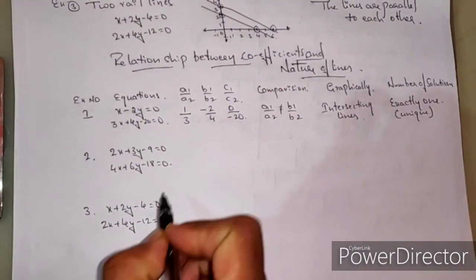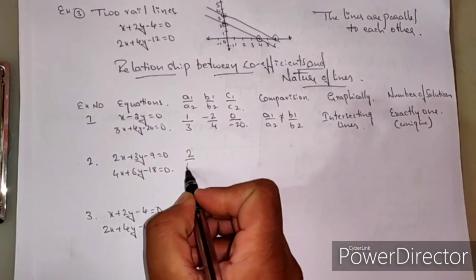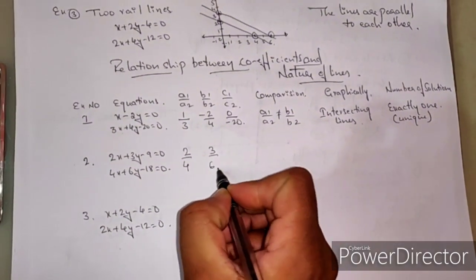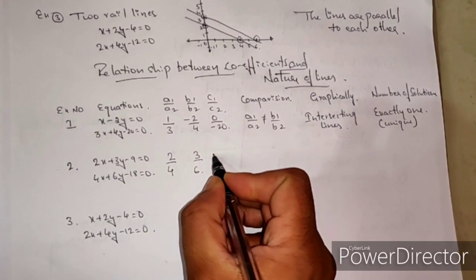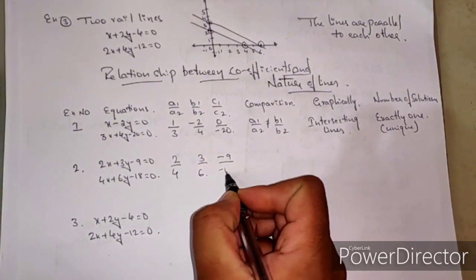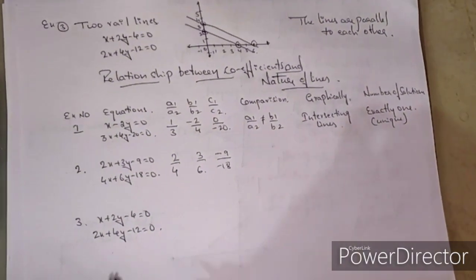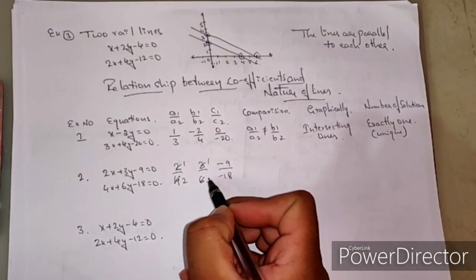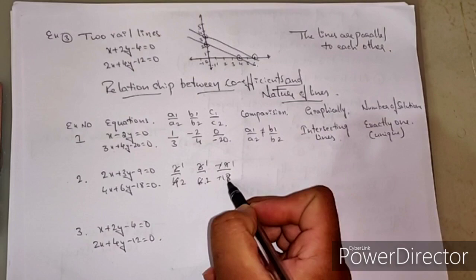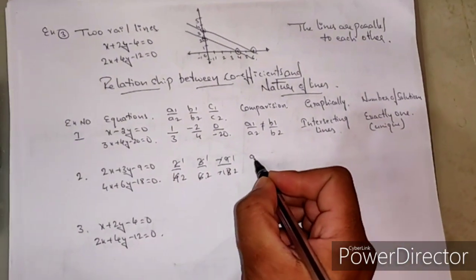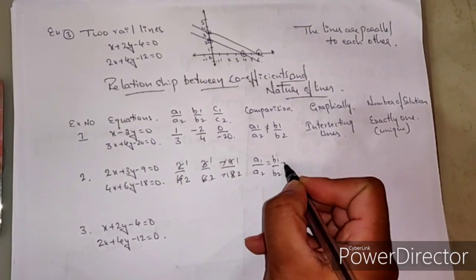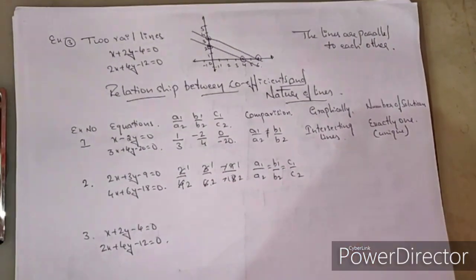Here a1 by a2 can be written as 2 by 4, isn't it? b1 by b2 can be written as 3 by 6. c1 by c2 can be written as minus 9 by minus 18. When we observe and cancel these, we can see that a1 by a2 is equal to b1 by b2 is equal to c1 by c2.